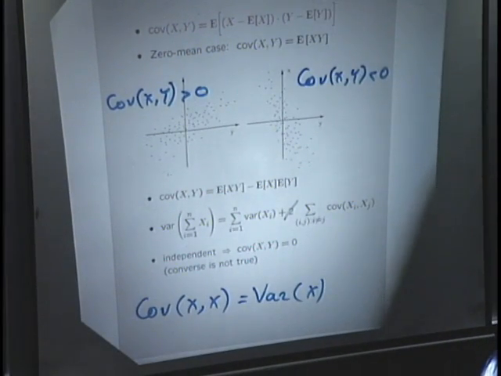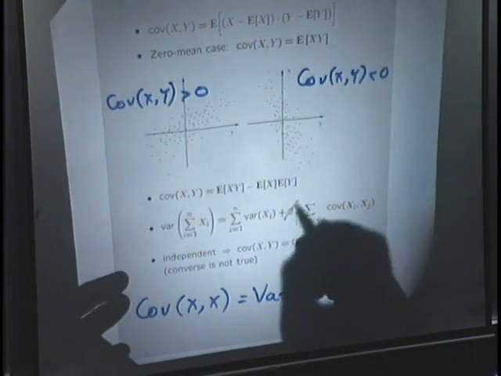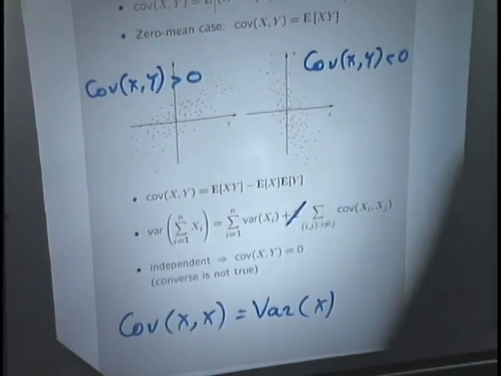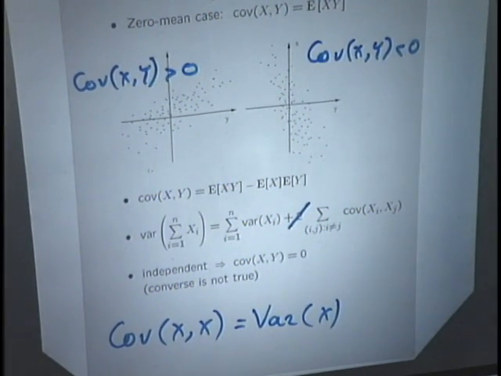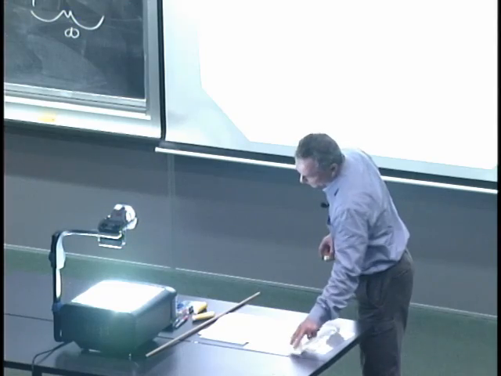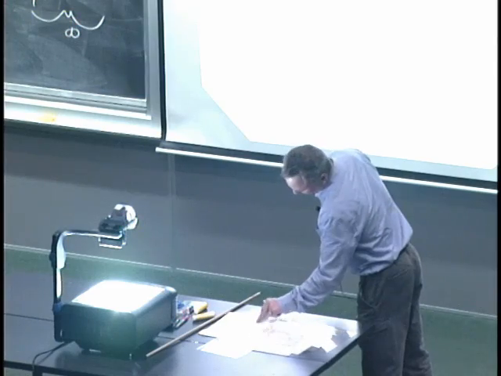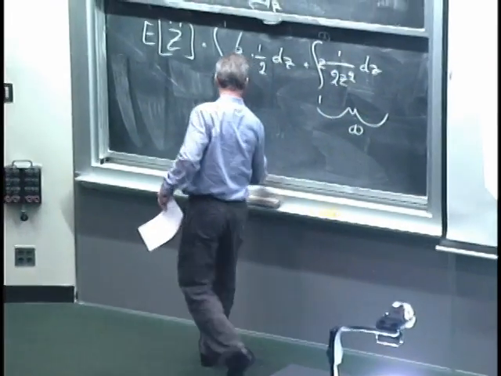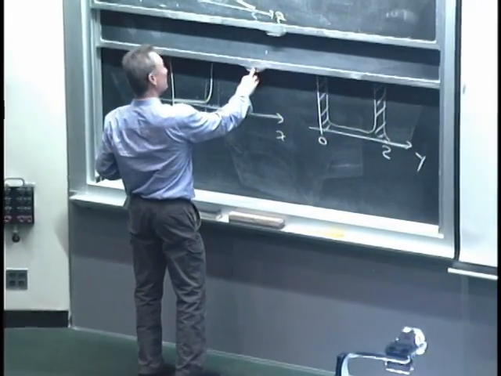And there's a typo on the slides that you have in your hands. That term of 2 shouldn't be there. And let's see where that formula comes from. Suppose that our random variables have 0 means.